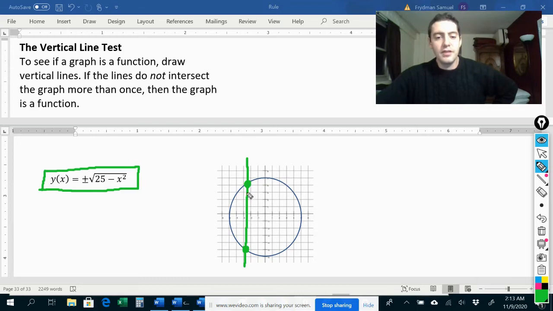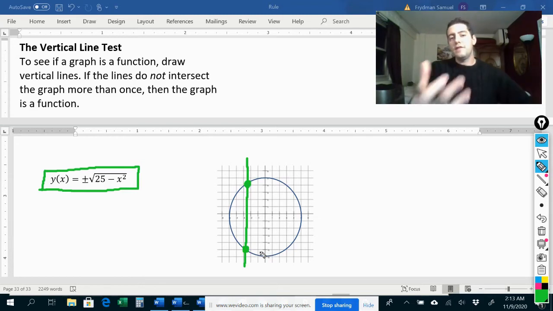It has this output for this y value over here, and it also has this output for this y value over here. So remember, for functions, anytime we feed the function an input, we only want to see one output. So the vertical line intersecting this graph in two places means that for this input, we have two outputs. So by definition, this cannot be a function. All right.